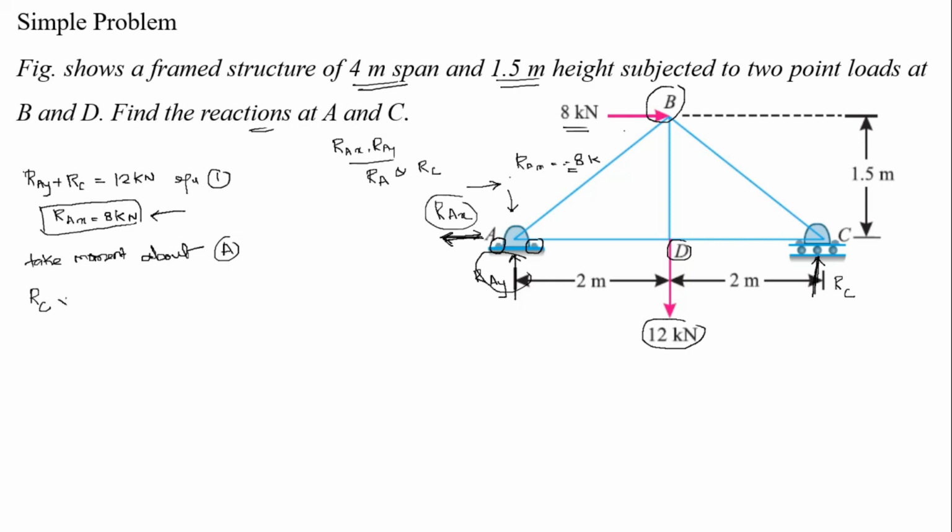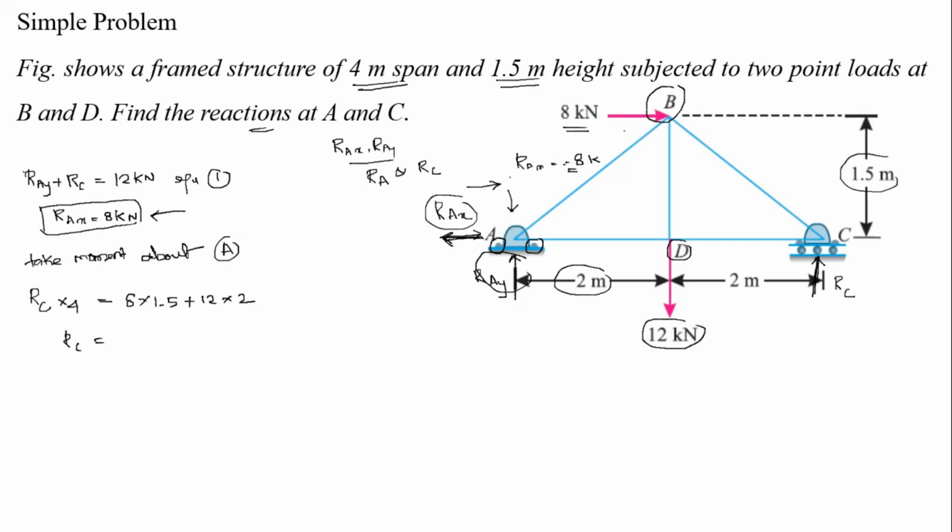So R C into 4 meter is equal to, both loads being clockwise, 8 kilonewton and 12 kilonewton. So 8 into the perpendicular distance, 1.5 meter, plus 12 into 2, which is 2 meter perpendicular with respect to point A, right.